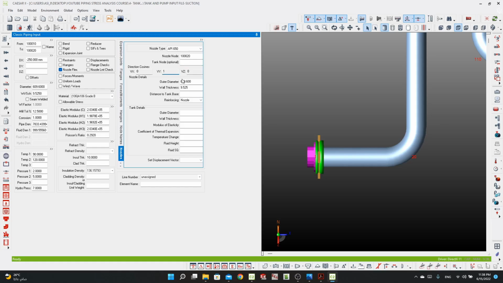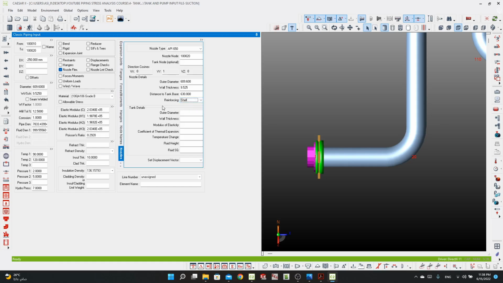This is the axis of the tank, so we need it to be vertical, so we put one here. This is the diameter, the thickness, the distance from the base of the tank, which was 630.